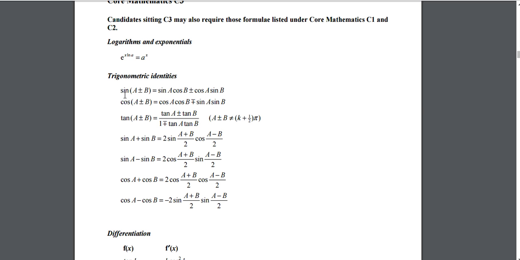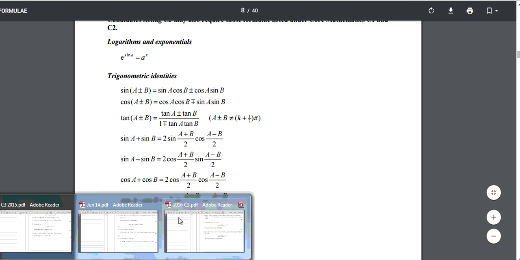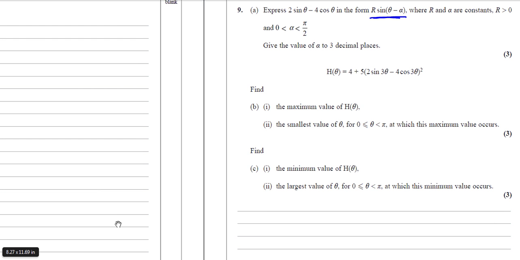So sine of a minus b is sine a cos b minus cos a sine b. If we apply that, we've got r sine theta cos alpha minus r cos theta sine alpha, and that's the expansion of this thing here.